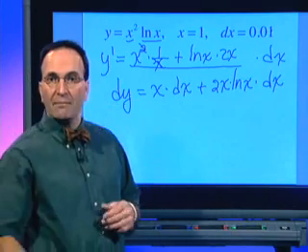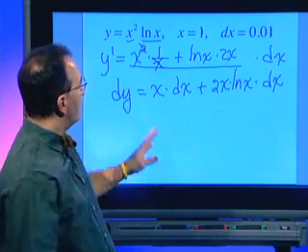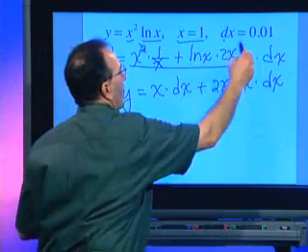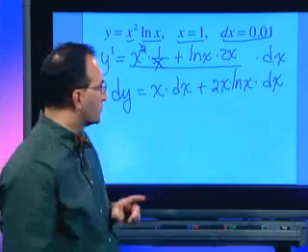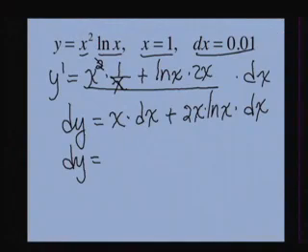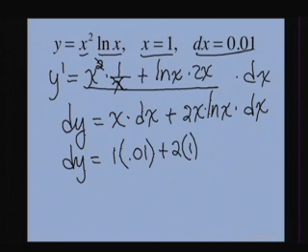Now I can evaluate my dy because I have all of the information I need given to me. x is 1 and dx is 100th. So dy is equal to 1 times, actually let me put that in parentheses, 1 times 100th plus 2 times 1 times the log of 1 times, and I'll put that in parentheses, the 100th.